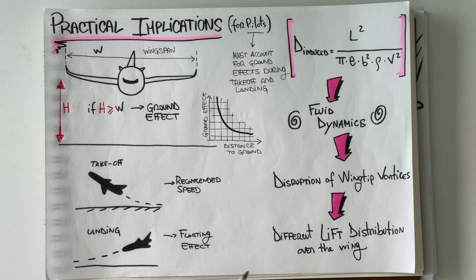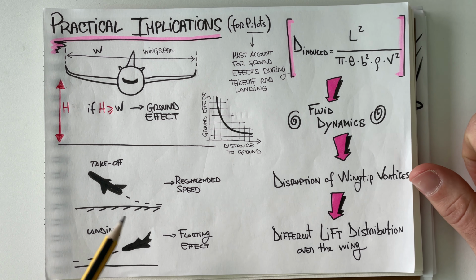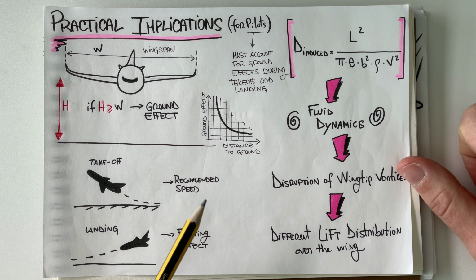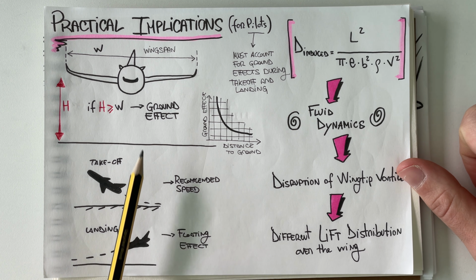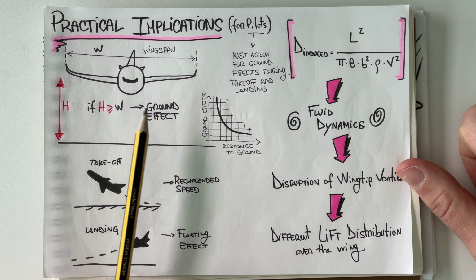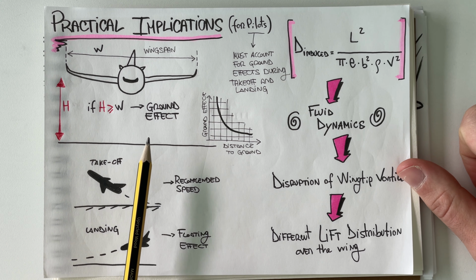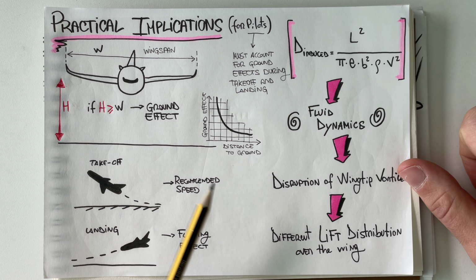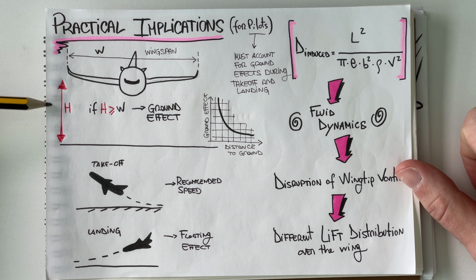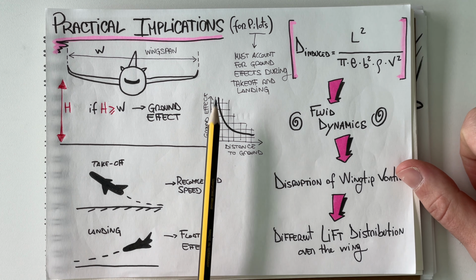Let me show you. First, we have an altitude dependency. So the ground effect only occurs at altitudes lower than the wingspan of the aircraft. Beyond this range, we just have normal aerodynamic forces that dominate. So basically we have the ground effect and the wingspan.